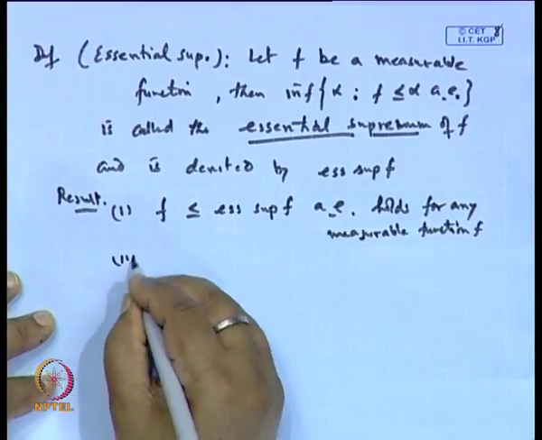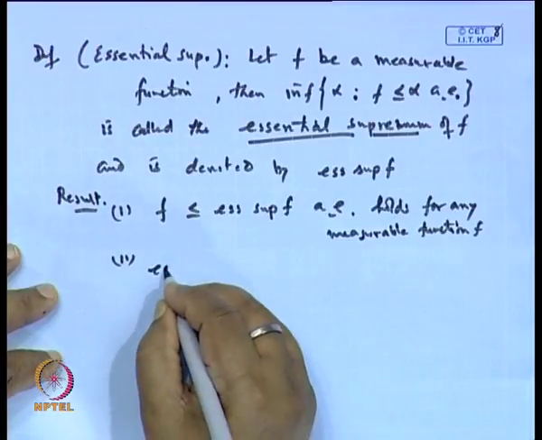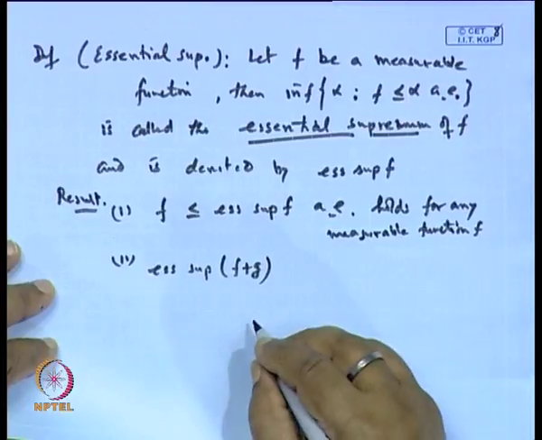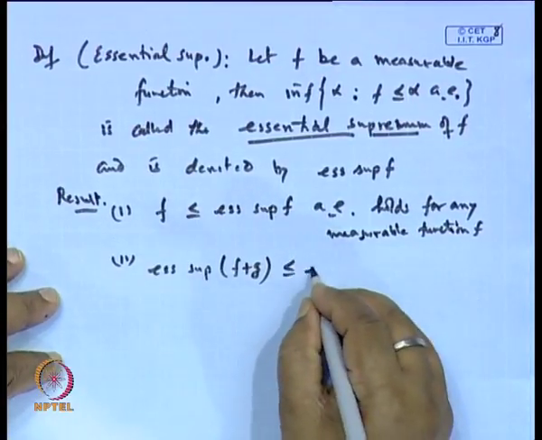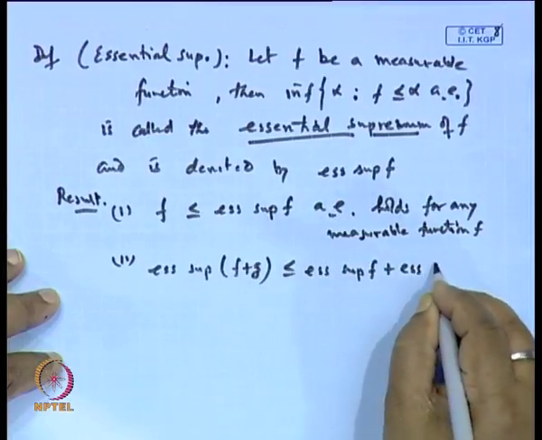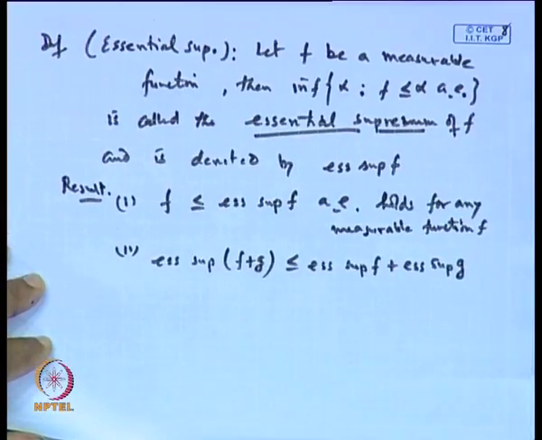The second result which we require also: the essential supremum of the sum f plus g is less than or equal to essential supremum of f plus essential supremum of g. Similarly, we can have a concept of the essential infimum, and that will be required.